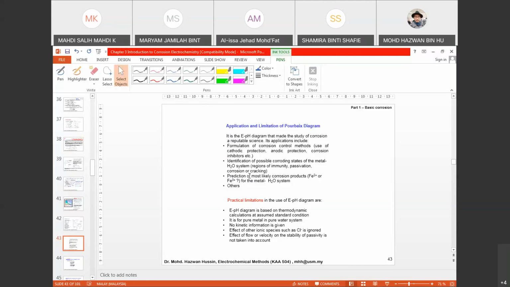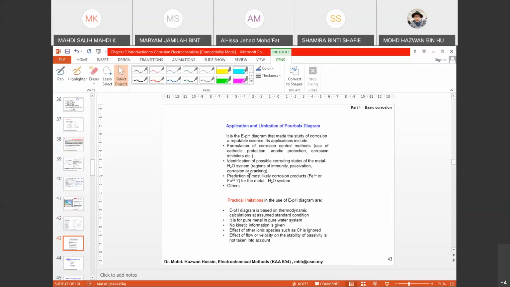For example, I still remember my experience with an industry where we wanted to troubleshoot a problem. They are doing a processing of a hard disk drive. They do a washing using aluminium and a surfactant. So what happened is that the hard disk drive, the aluminium hard disk, corroded.